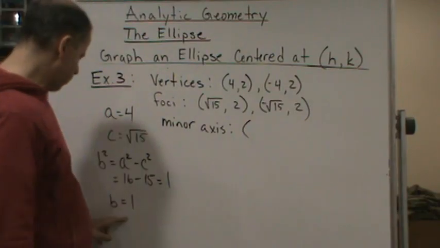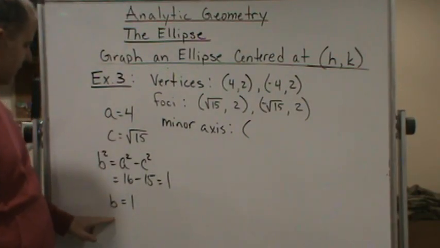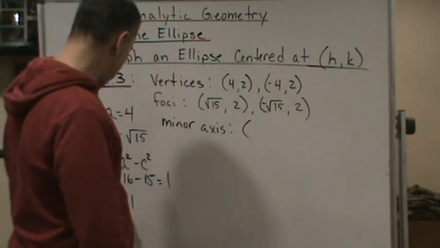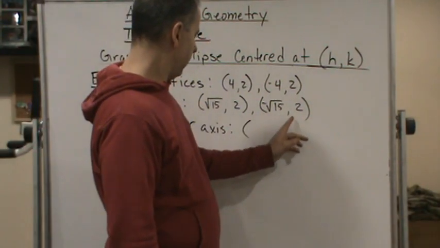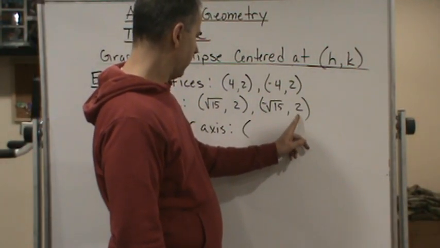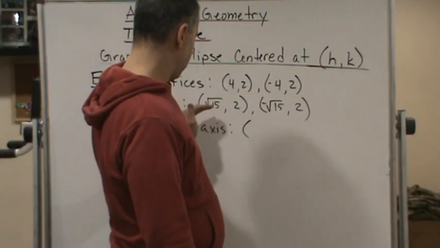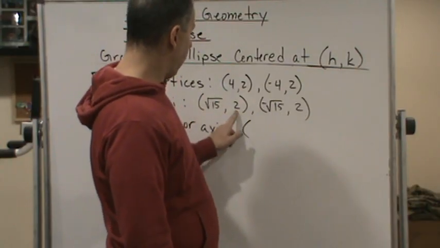So b is 1, so the length of the minor axis is going to be 2. So I'm 1 away from here, so I'm going to be 1 away from 2.